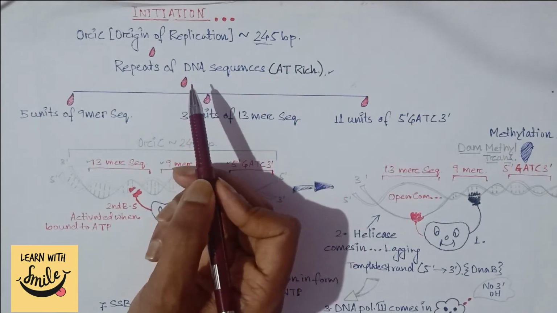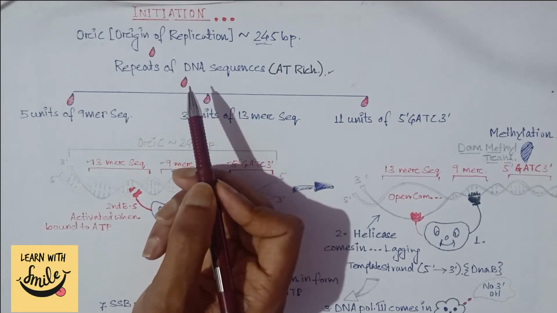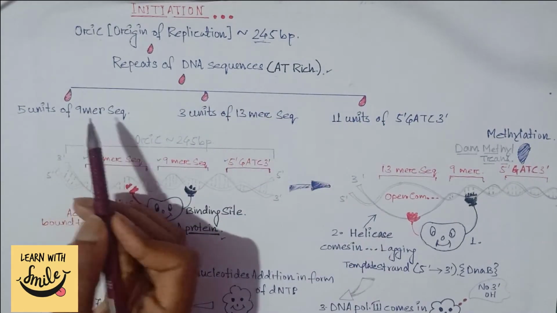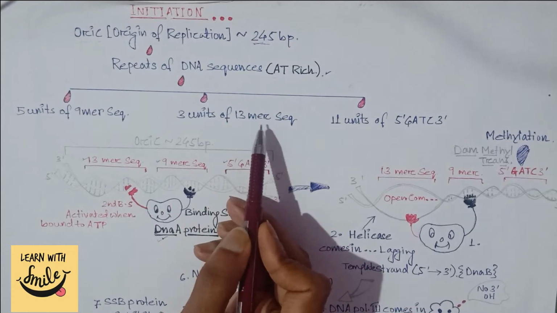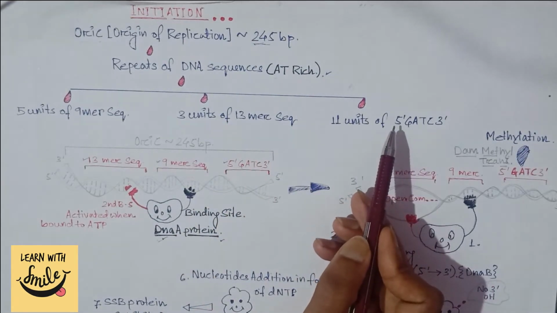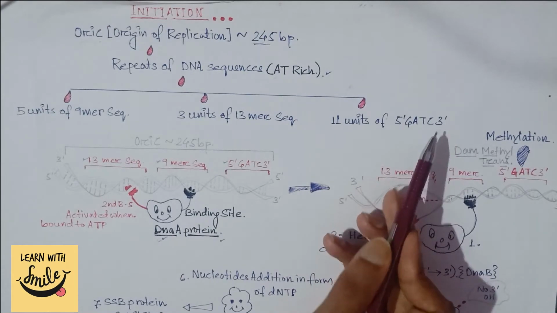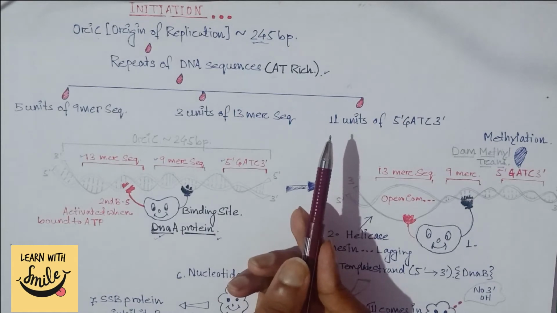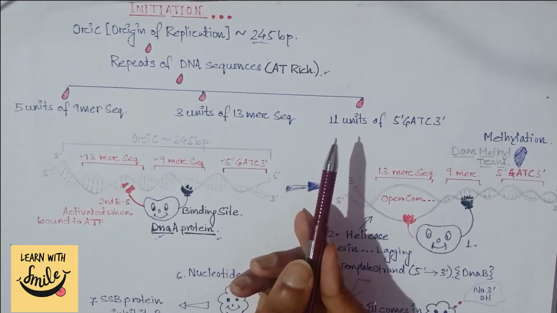These repetitive sequences are present in different numbers. For example, there are 5 units of 9' sequences, 3 units of 13' sequences, and 11 units of GATC sequences aligned in the 5' to 3' direction. The significance of all these 3 sequences has already been discussed in my previous videos.